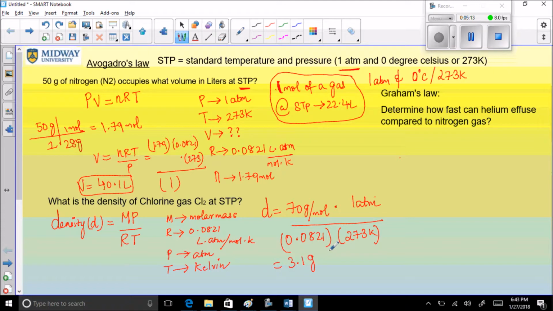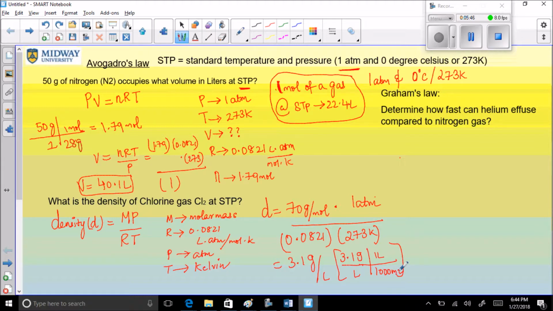Now, if you notice, this answer would be in liters. If the unit desired is grams per liter, then you can stop here. But if I specify the density to be grams per milliliter, then you do this extra conversion step.